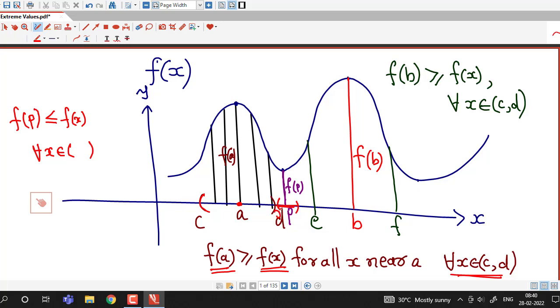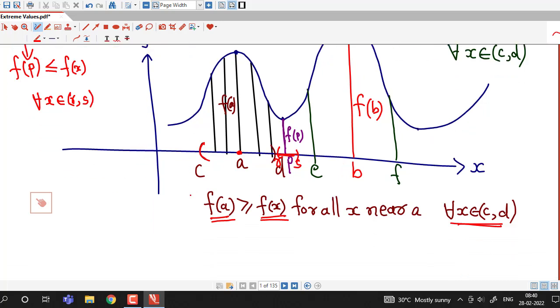Suppose this interval is (r, s), then we can write that for every x in the interval (r, s), f(p) is smaller than f(x). So this f(p) is the local minimum value. So this is the meaning of local maximum and local minimum which we study at school level.